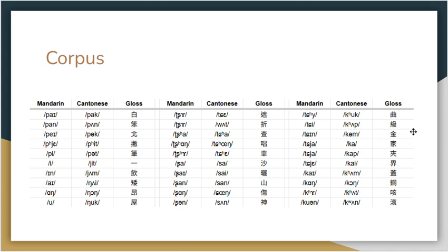For example, in these characters, in Mandarin we pronounce it as ji or ke, while in Cantonese they are all pronounced with an aspirated or unaspirated k sound.